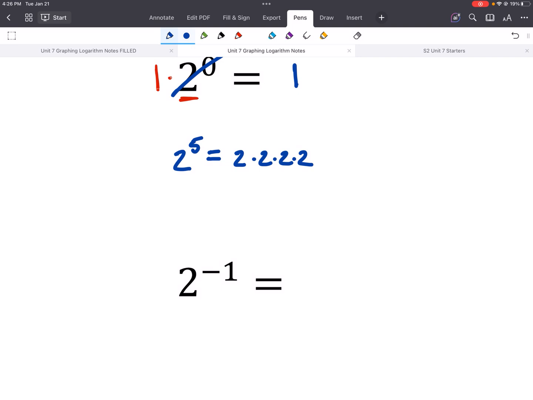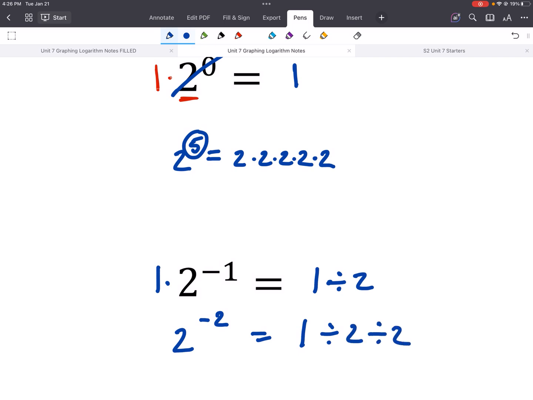But if you really think about it, when we have a positive exponent, we end up multiplying every time. If we're going the opposite direction, we would end up dividing, okay? So again, this would be 1 divided by 2. Or if we had 2 to the -2, we would end up having 1 divided by 2 divided by 2. Okay, so that's a way you could think about it.